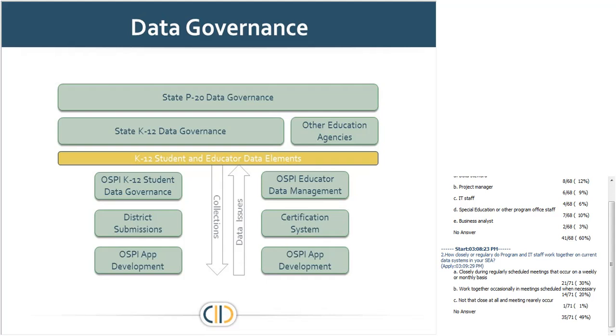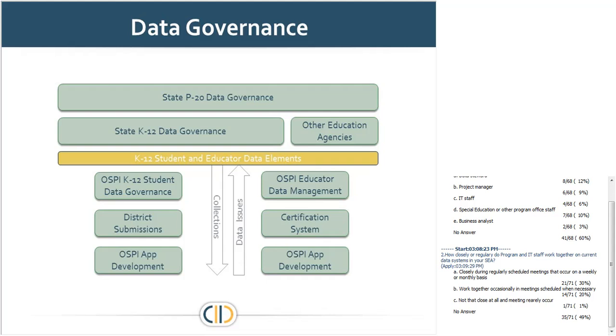And that data governance controls or guides the information for district submissions into the CIIDers system. And then the OSPI application development area, they have application development, but they also provide application support for the folks in the district. So those collections happen out in the district and it flows up, and then the data governance, they decide every year what changes, what items need to be corrected, and how they're going to collect that data to make it work for the state.